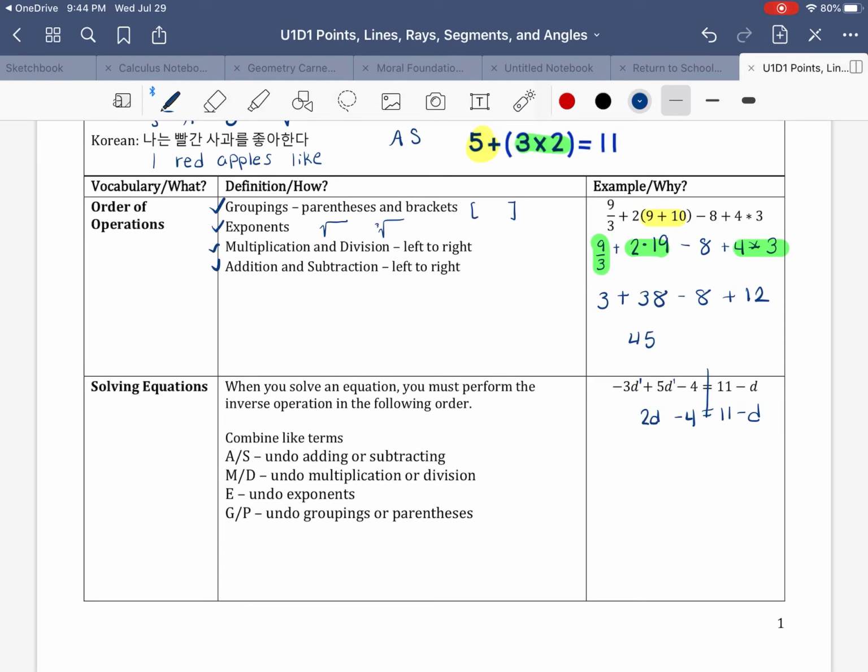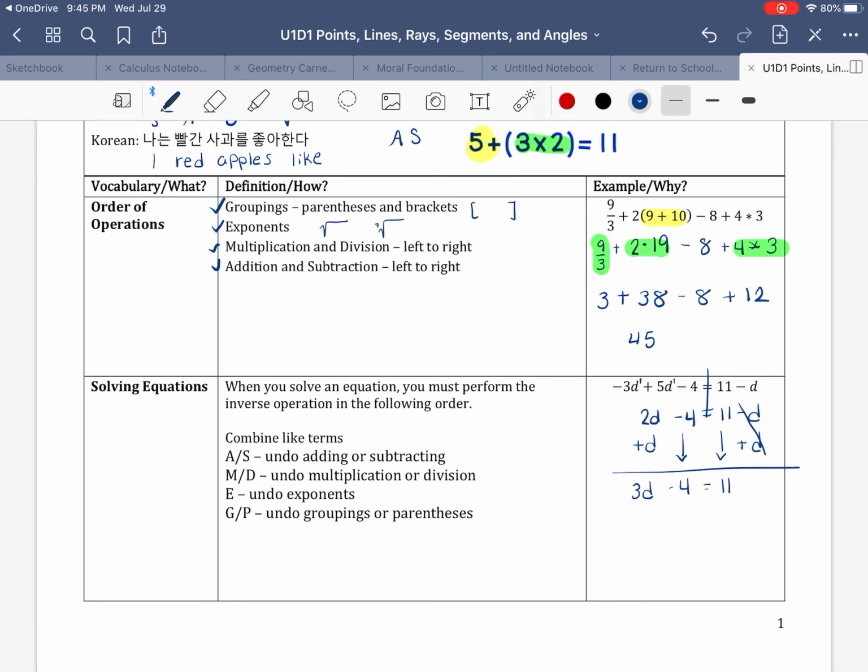The opposite of subtracting, because we have to undo it, is to add. So I'm going to add a D on this side, add a D on this side, right? Negative D plus D becomes 0 Ds. I have no Ds left over. I'm going to bring down my 11 over here. 2D plus D, I end up with 3D minus 4, which I will also be bringing down, okay?